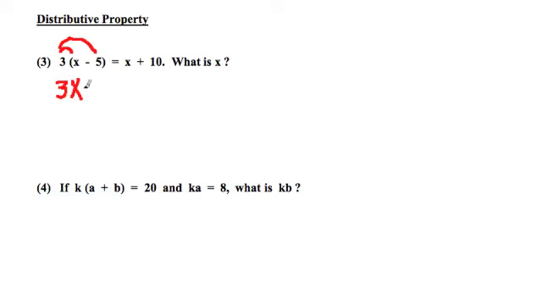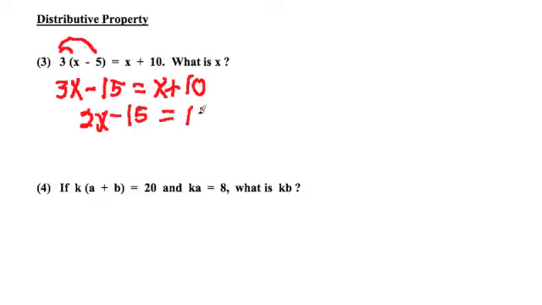This gives you 3x minus 15 is equal to x plus 10. Subtract x from both sides, we get 2x minus 15 is equal to 10. Add 15 to both sides. 2x is equal to 25. Divide by 2, x is equal to 12.5.